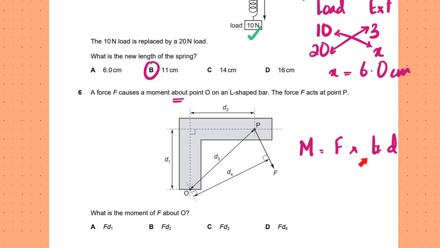Because you guys know from math and trigonometry that the perpendicular distance is always the shortest distance. So in this case, this is your pivot. This is that entire force. Now you could make a line like this, or this, or this, or this. But ask yourself, what would be the shortest distance? That would be exactly this one. And if you look at this, that's exactly also equal to d4. So in this case, the distance would be d4, force would be F, leading to the moment F d4.